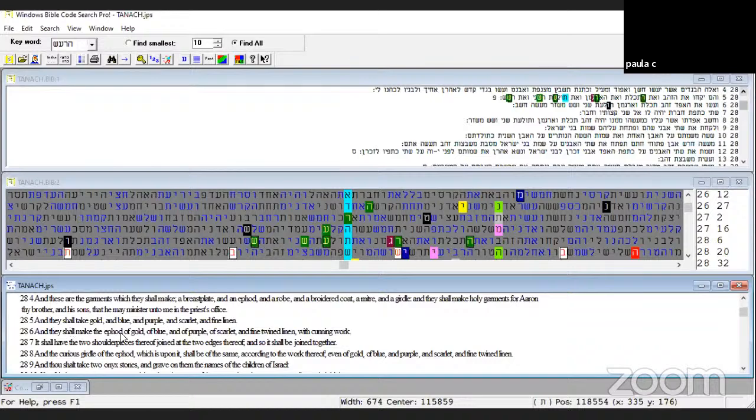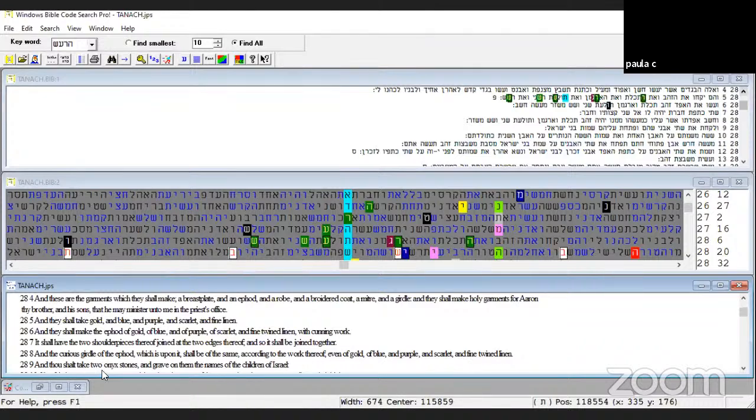And they shall make the ephod of gold, of blue, and of purple, of scarlet, and fine twined linen with cunning work. It shall have 2 shoulder pieces thereof, joined at the 2 edges thereof, and so it shall be joined together. And the curious girdle of the ephod, which is upon it, shall be of the same, according to the work thereof, even of gold, of blue, and purple, and scarlet, and fine twined linen.